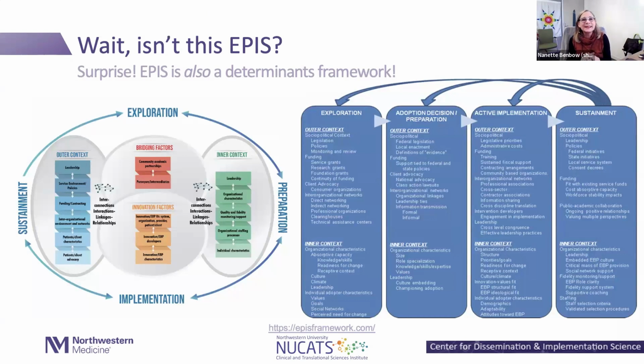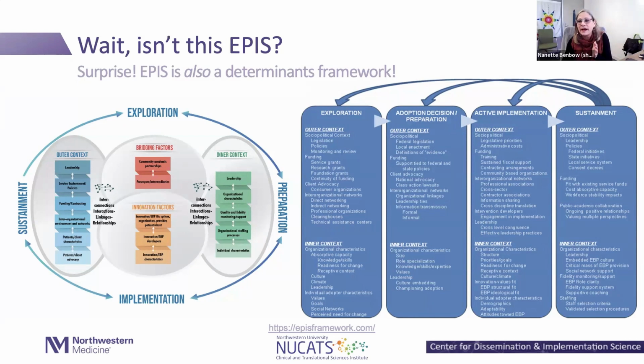So EPIS is a process model, but it is also a determinants framework. It's a bit of a 2-for-1. And this is really important because it covers similar things to CFIR, but it acknowledges that there will be different barriers and facilitators at each one of these stages.